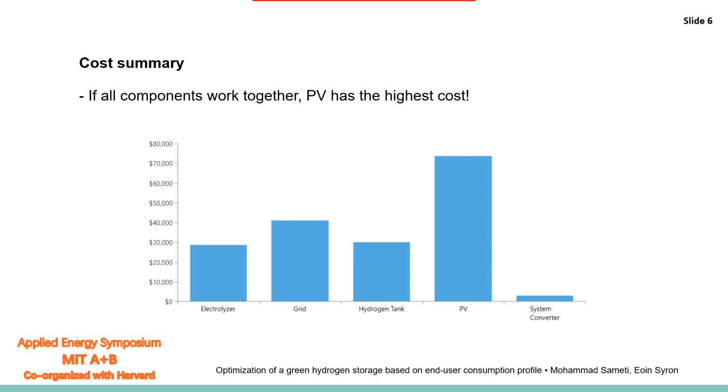So for example, ideally, if we increase the efficiency of the hydrogen tank from 50% to 100%, which is doubled, that means the cost will be half of 30,000, so it will be around $15,000. And finally, the system converter, which has the lowest cost among other components.